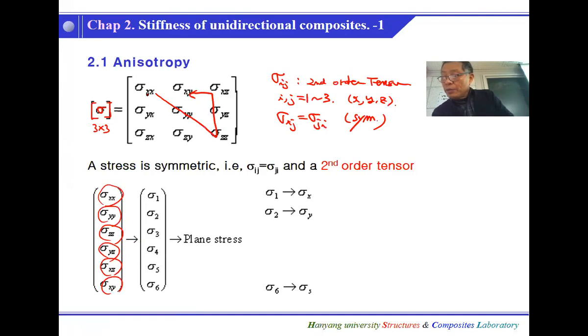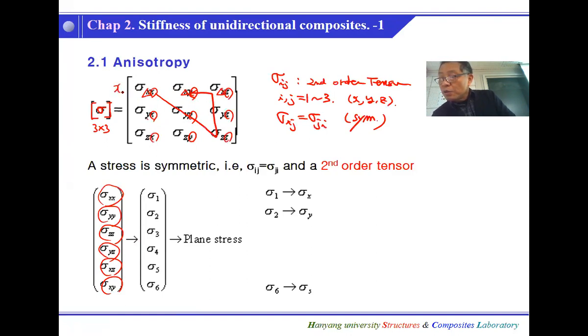We can easily understand this. If we look at this, x, x, x, and y, y, y, and z, z, and also here will be x, x, x, and so on.